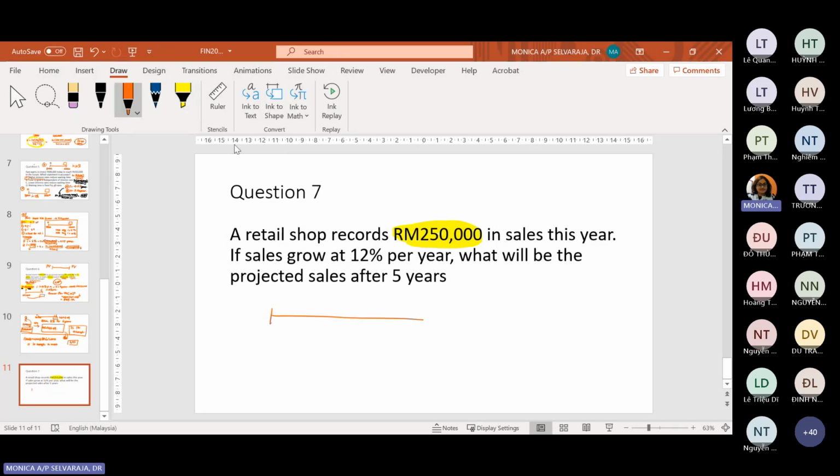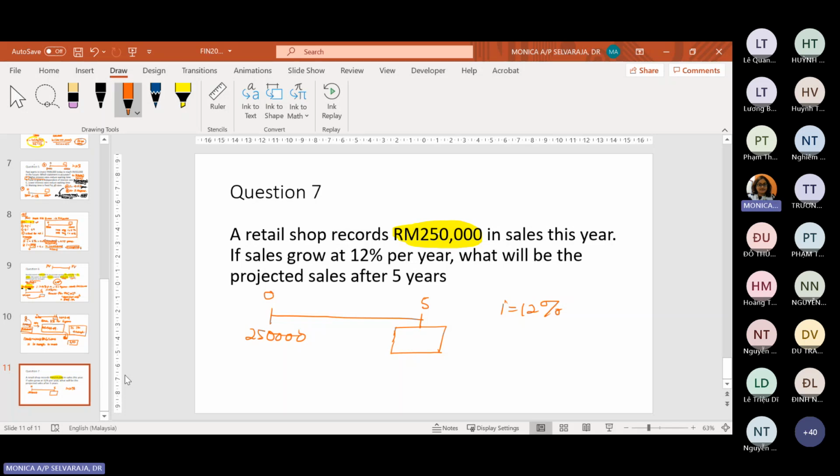So 250,000 sales this year, and this amount will grow at 12%. What will be the projected sales after 5 years? How much will be the projected sales after 5 years?